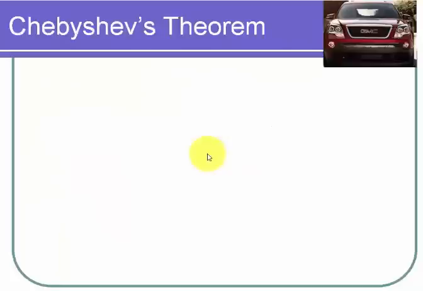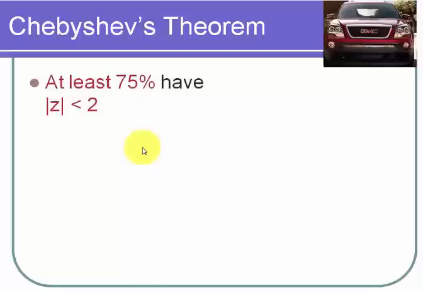If you don't have a normal distribution, you could still do something that's similar, and it's called Chebyshev's theorem. It's much weaker than the empirical rule, but at least it gives us something. And it says the following. At least 75% have a z-score less than 2. Notice that's weaker than saying approximately 95% have a z-score less than 2.